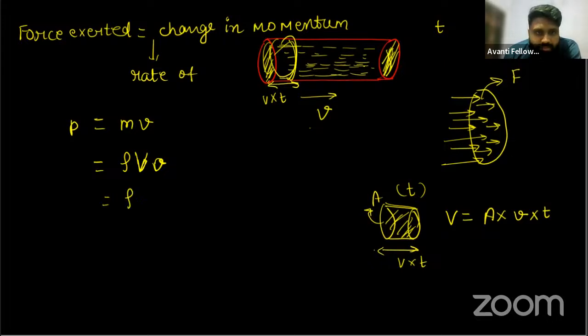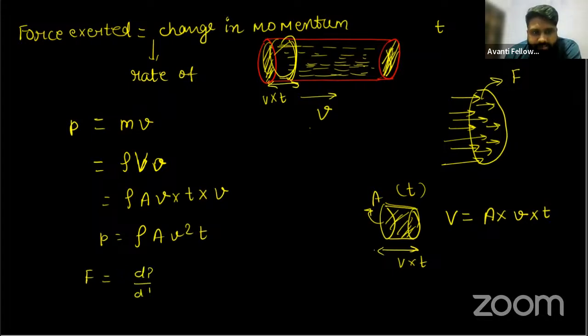So rho into area into v into t into v, this small v. So it will become rho A v square into t. Now, this is the momentum. We know that force is equal to dP by dt. So if you differentiate it with respect to time, it will become rho A v square.